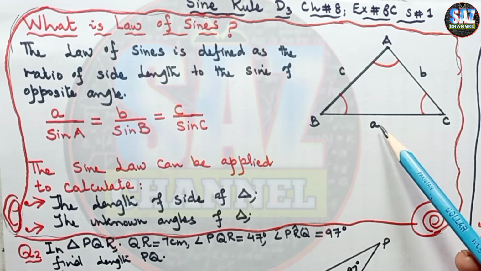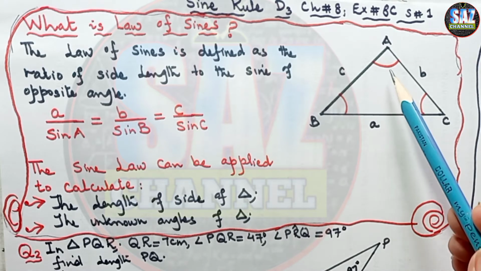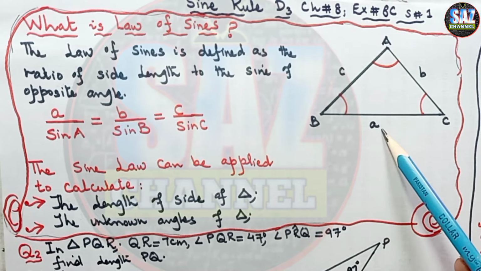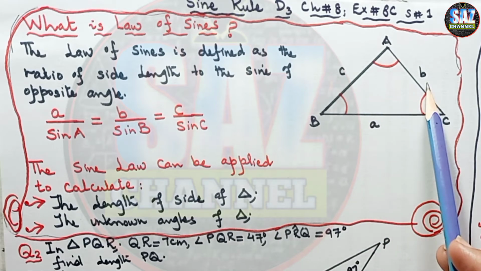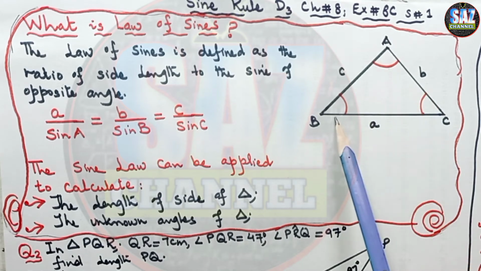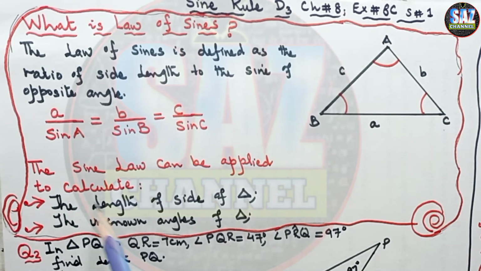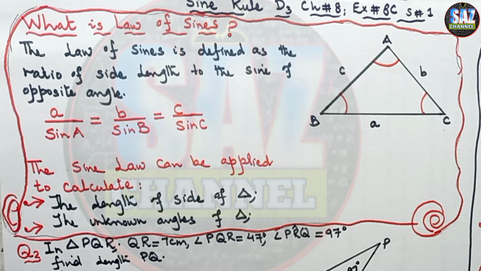If I'm taking the length a, then this length will be divided by the sine of the opposite angle, angle A. Same for length b: b will be divided by sine of angle B, and c will be divided by sine of angle C. The sine law can be applied to calculate the lengths of the sides of the triangle and the unknown angles of the triangle. Let's move to the application of the law and see how to apply it.